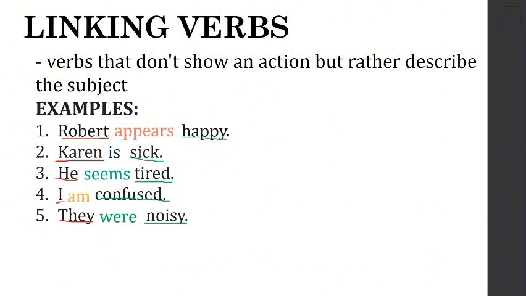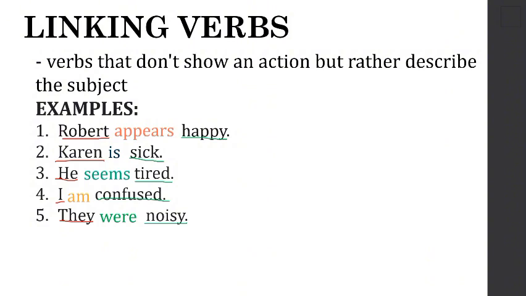For example, for the last one, they were noisy. If we change the word were into are and it still shows a complete and correct thought or sentence, then that is a linking verb.